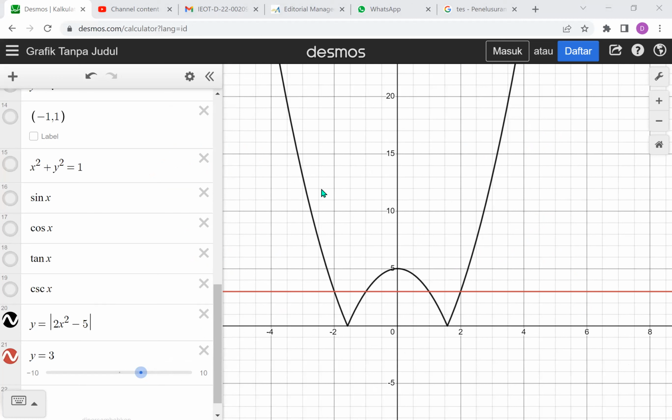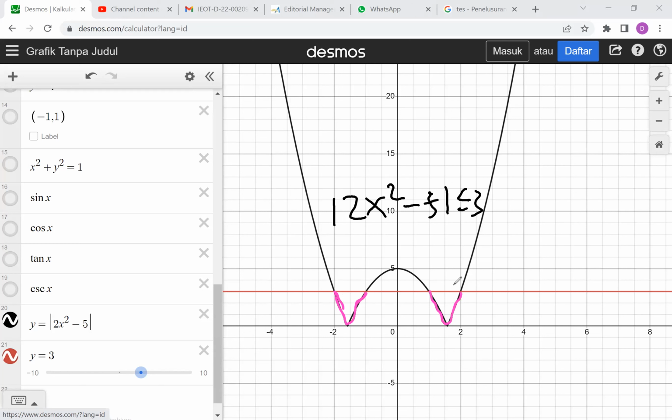So the inequality absolute value of 2x squared minus 5 is less than or equal to 3 corresponds to the region where the black curve is below the red line.